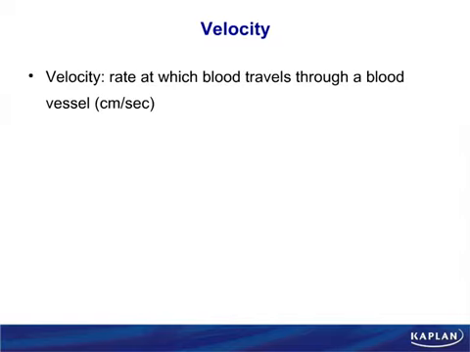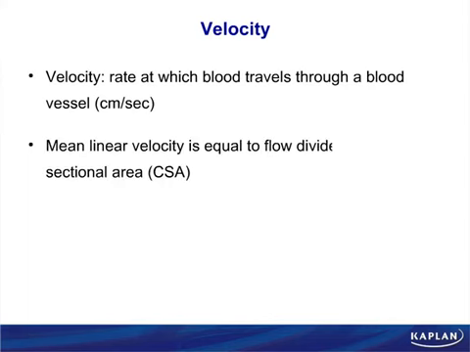Next concept is velocity. Velocity is the rate at which blood travels through a blood vessel. Do not confuse this with flow. Flow is a volume per unit time. Velocity is how fast it is traveling. All right? They are related because mean linear velocity is proportional to the flow. However, it's inversely related to the cross-sectional area.